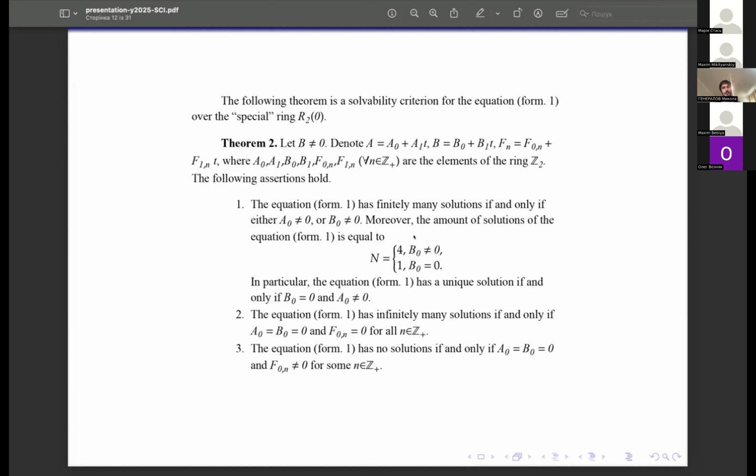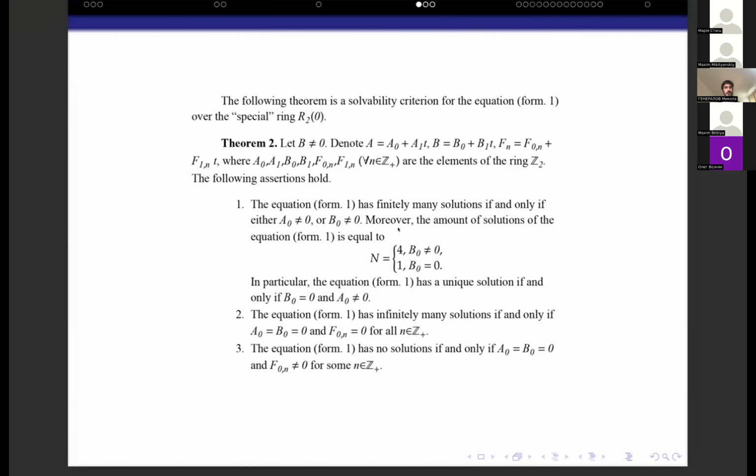The following assertions hold. Firstly, equation 1 has finitely many solutions if and only if either A0 is not equal to 0 or B0 is not equal to 0. Moreover, the amount of solutions of equation 1 is equal to such a number n.